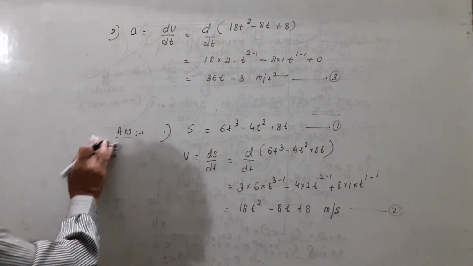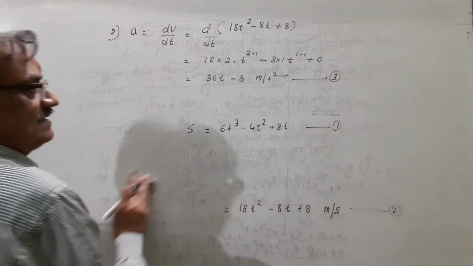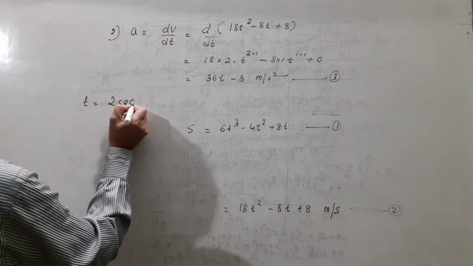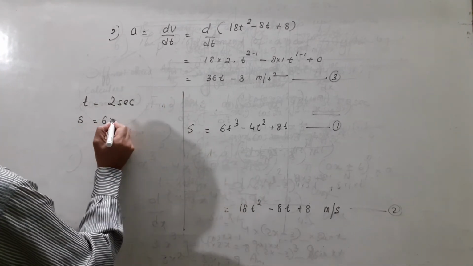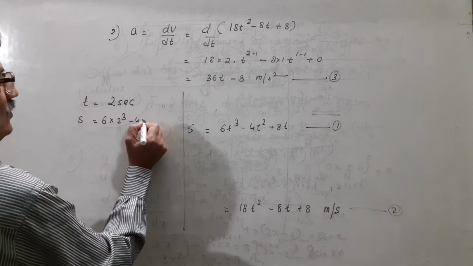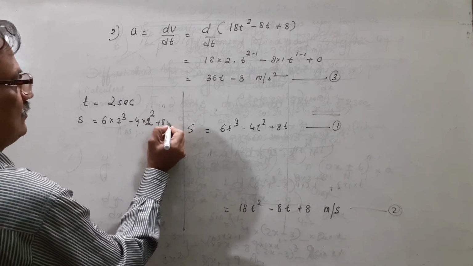Right? Now what is given? It is given that time is equal to 2 seconds. Displacement is equal to, let us put the values, 6 into 2 cube, minus 4 into 2 square, plus 8 into 2.